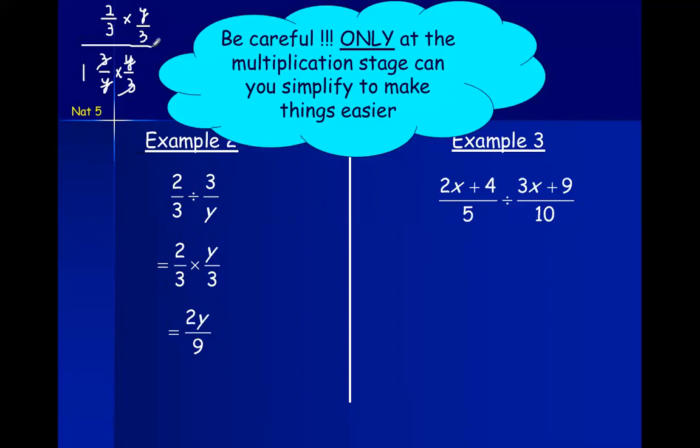Anything divided by 1 is just anything. And that becomes just 2 over 3 times y over 3. So now that you've seen where it's coming from, you've got a better idea. Why do we change and flip? It's coming from here, because we divide to start with.